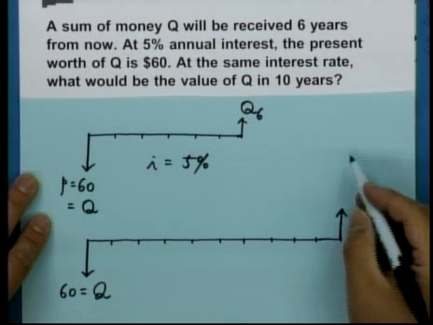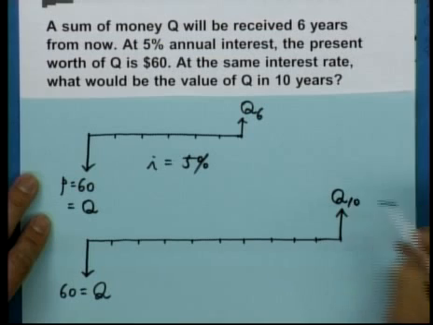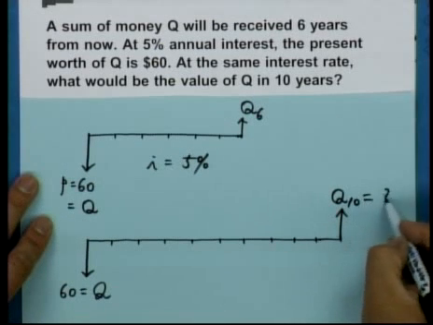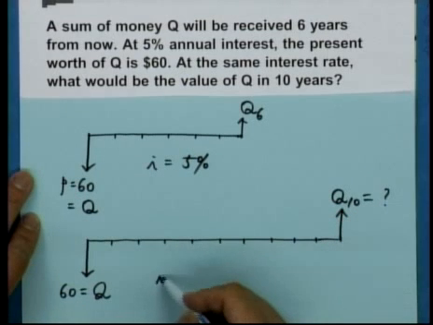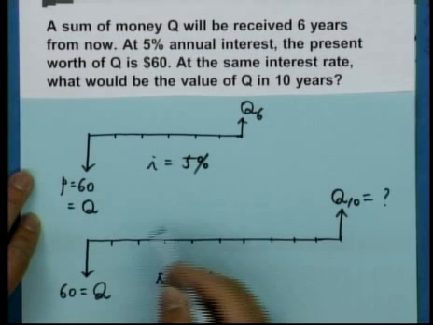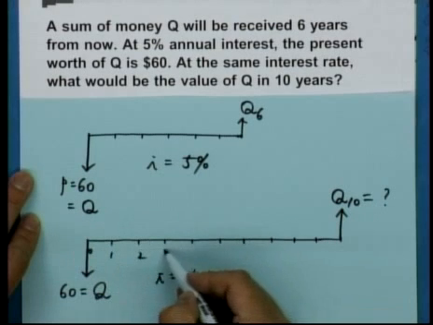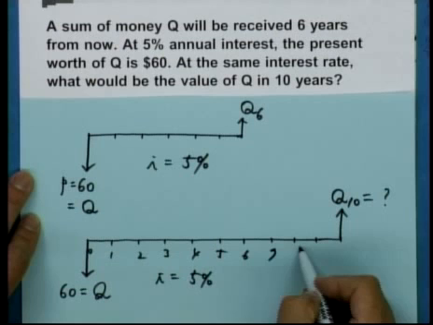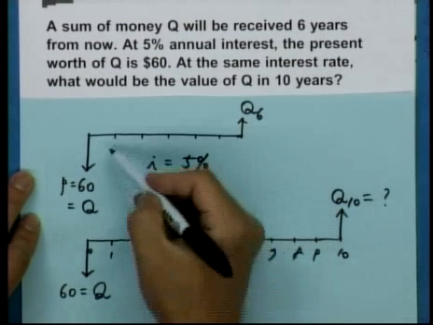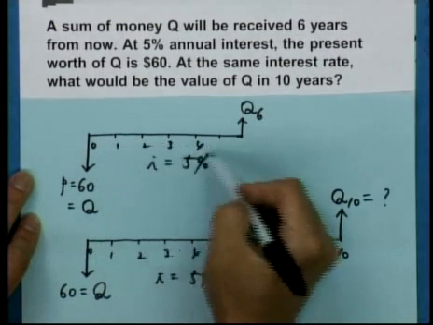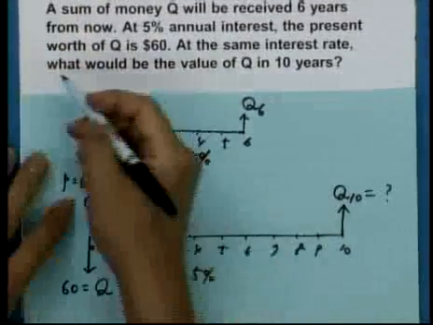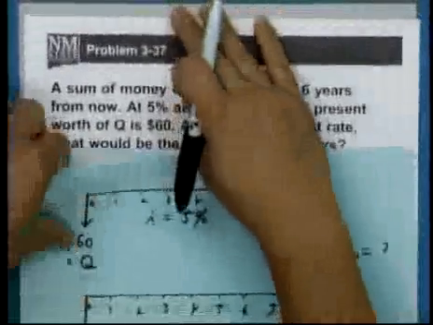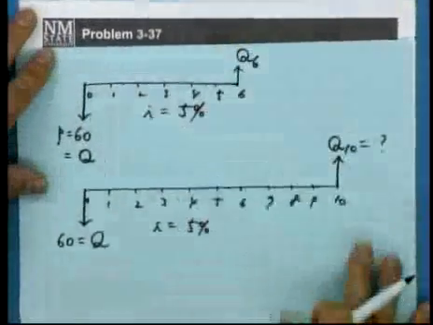So after 10 years, how much would it be? Okay? So let's say it is Q sub 10. And we are using the same interest rate of 5%. This is 0, 1, 2, 3, 4, 5, and 6, right? Okay. So this is the problem 3-37.